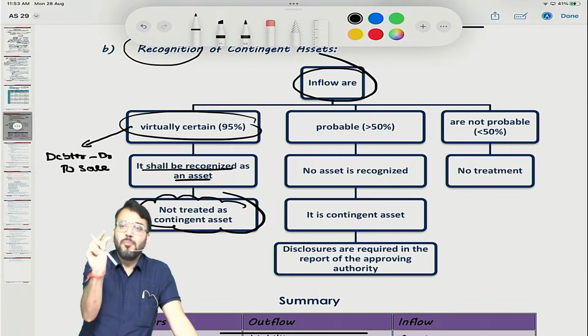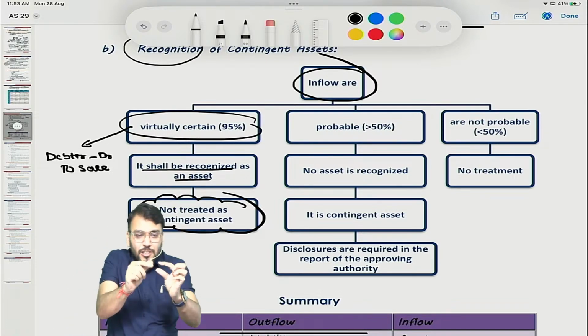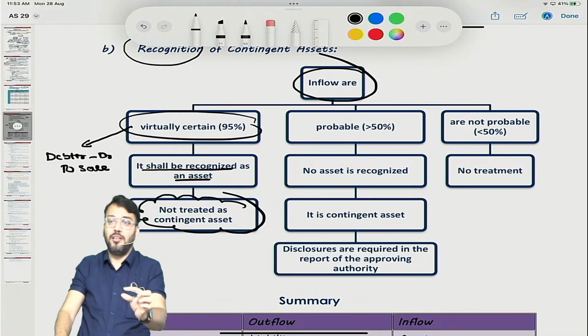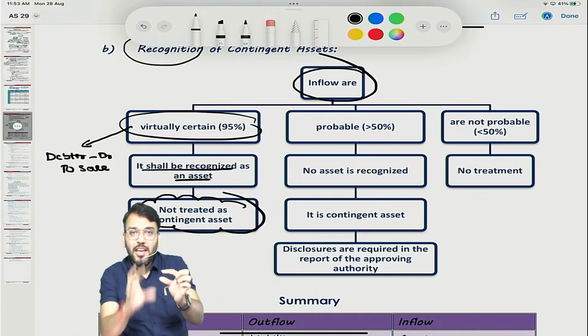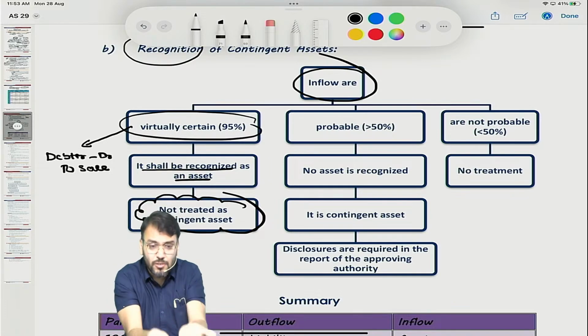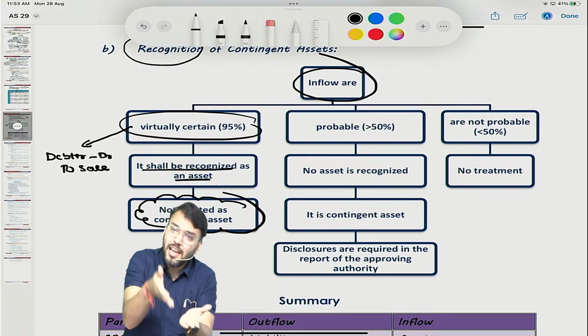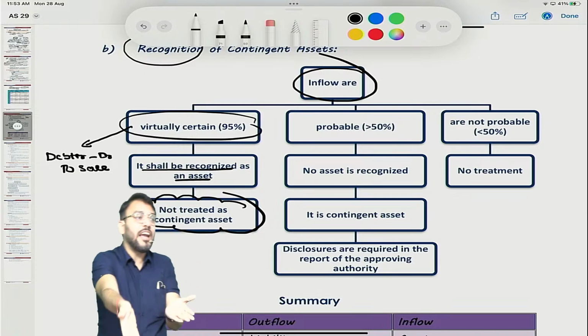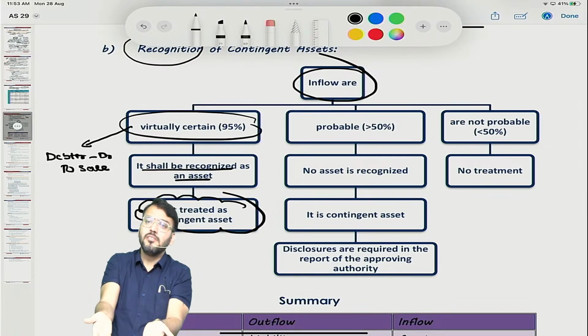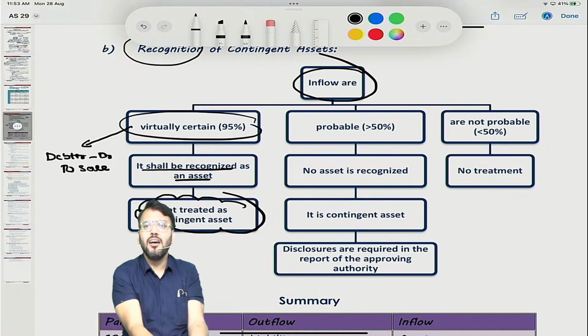This was only the principle, but the principle we need to apply now. So AS has given the application of that principle. AS is saying if it is virtually certain, it is near to actual only. Means you will receive it. If you will receive, then recognize it now.